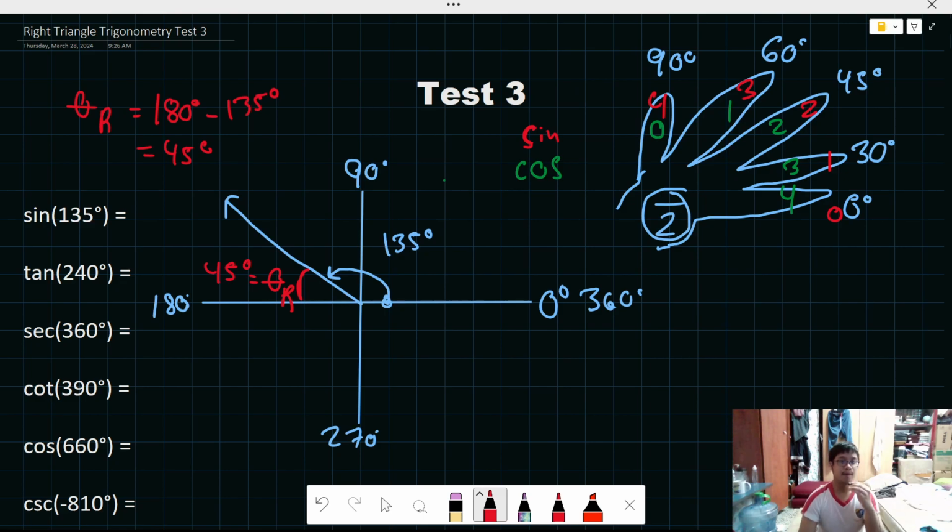After you get the reference angle, the next thing you're going to look for is whether it is a positive sign or a negative sign. How would you know? It depends on your quadrant as well.